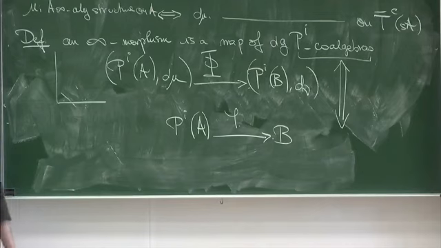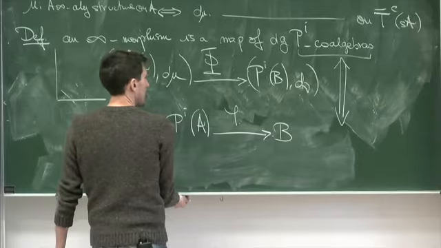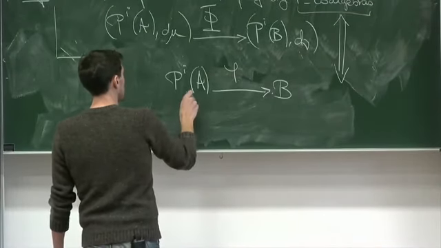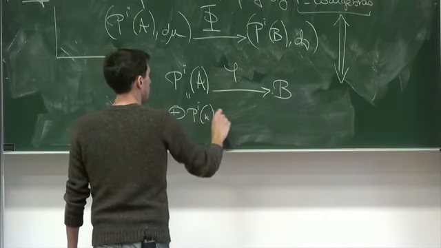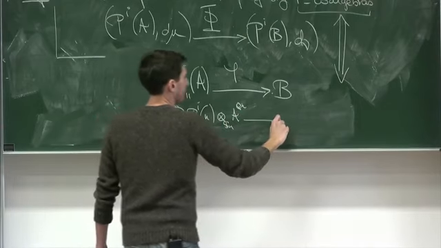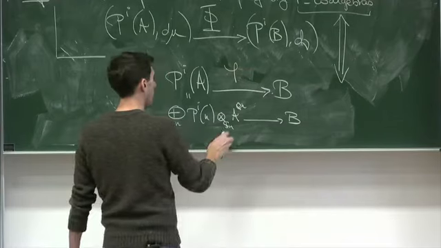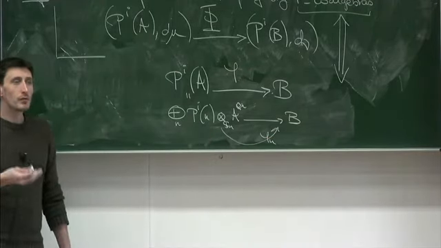Right? And then if you want to feel what this looks like, for any n you should have such a map. So do I have one map?